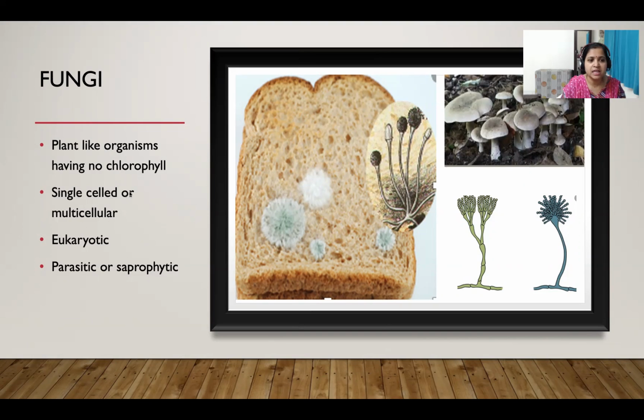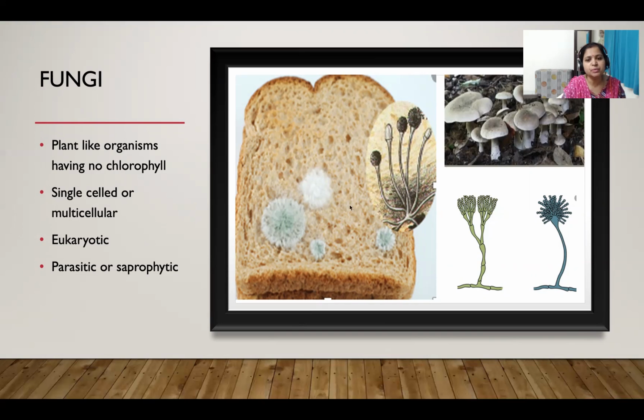They may be single celled or multicellular, but they are eukaryotic. Here in the picture you can see this cottony structure on a rotten bread, which is affected by fungus. White or blackish cotton like thread like structures you can see. If you magnify, you can see this kind of structure. This is the common bread mold known as rhizopus.